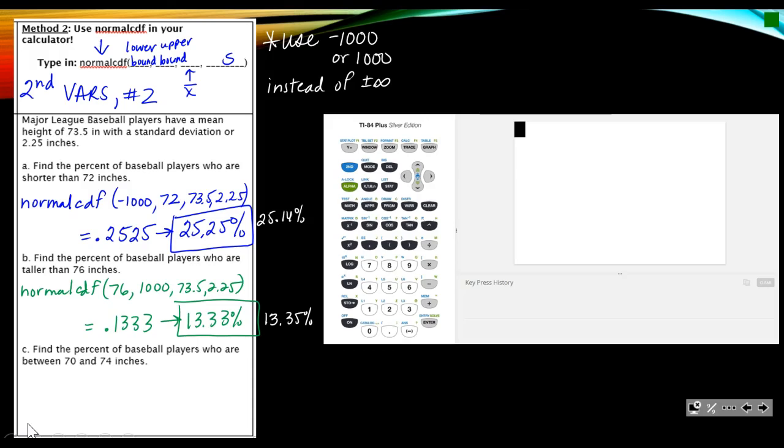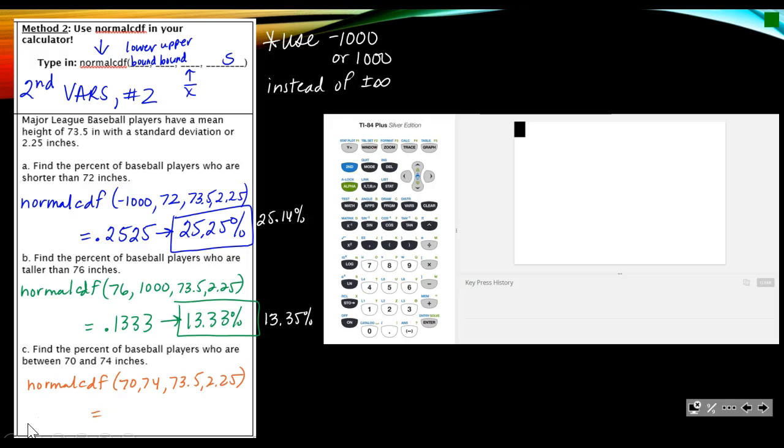And then finally, for part C, we're going to use the normal CDF command. This time our lower bound is 70, our upper bound is 74, and the mean and standard deviation are the same.